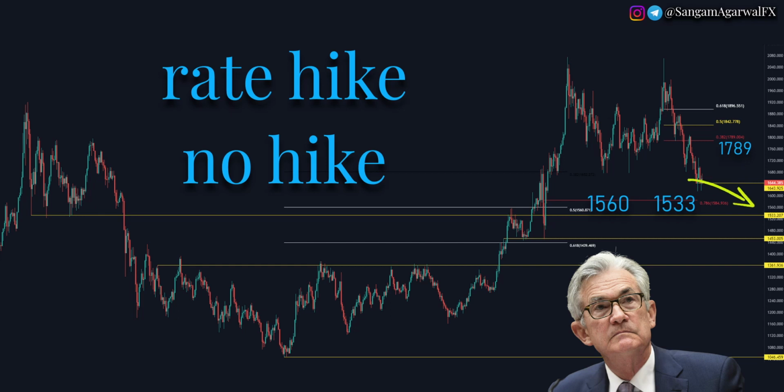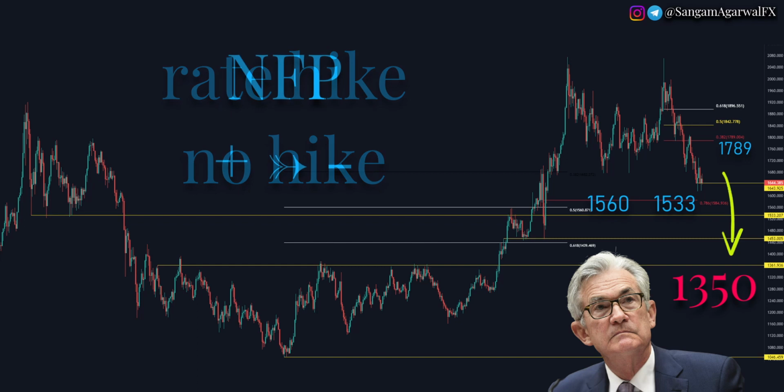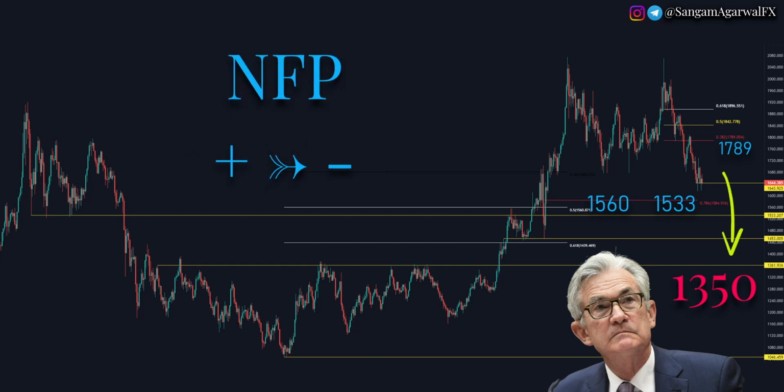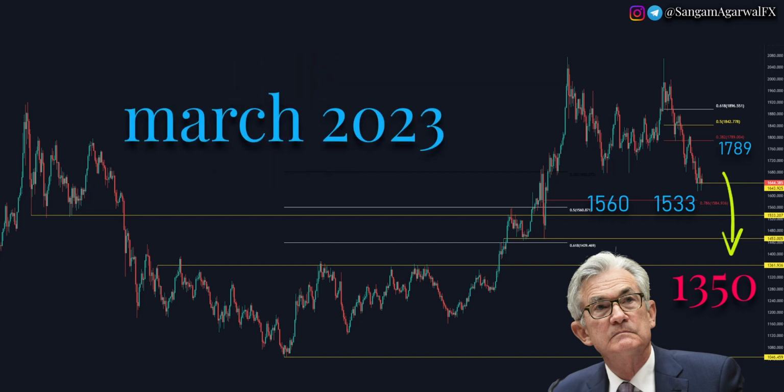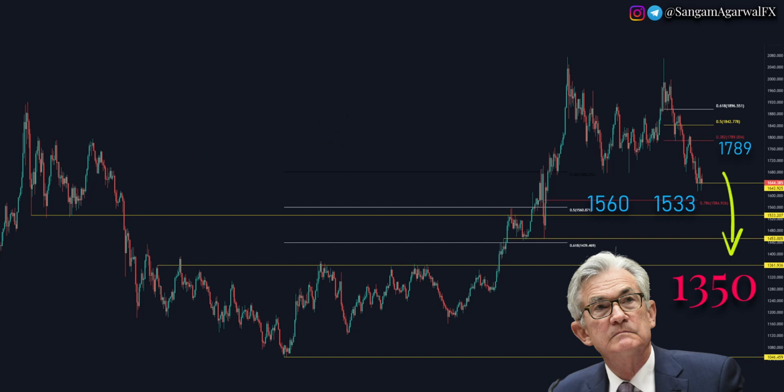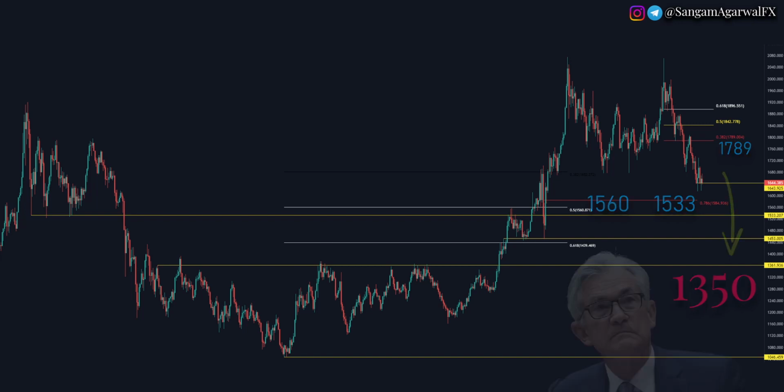Then after correction we can expect the 1350 level, because Fed will not cut interest rates until the NFP number turns negative and big companies announce bankruptcy. But for a rate cut we have to wait until at least March 2023. Till then we can expect a sideways correction on the weekly time frame.